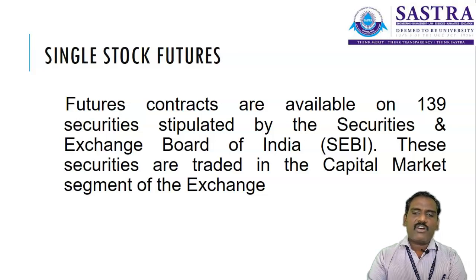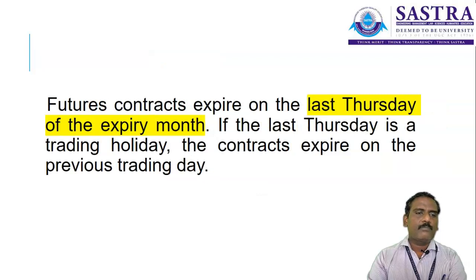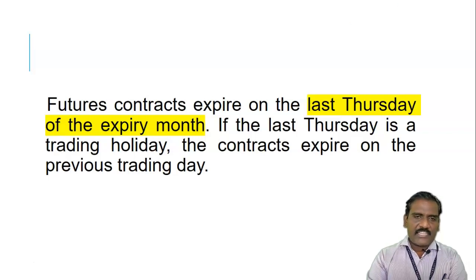These securities are traded in the capital market segment of the stock exchanges. In this, the future contract expires on the last Thursday of the expiry month. If the last Thursday falls on a holiday, the contract expires on the previous trading day, which may be Wednesday.